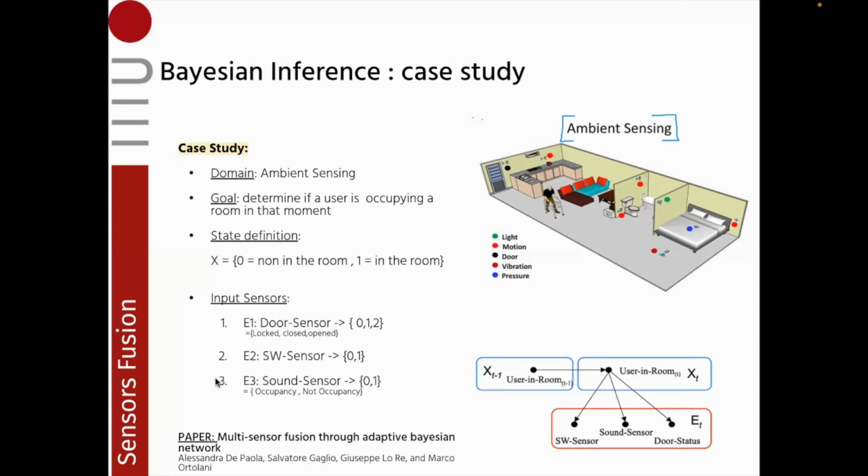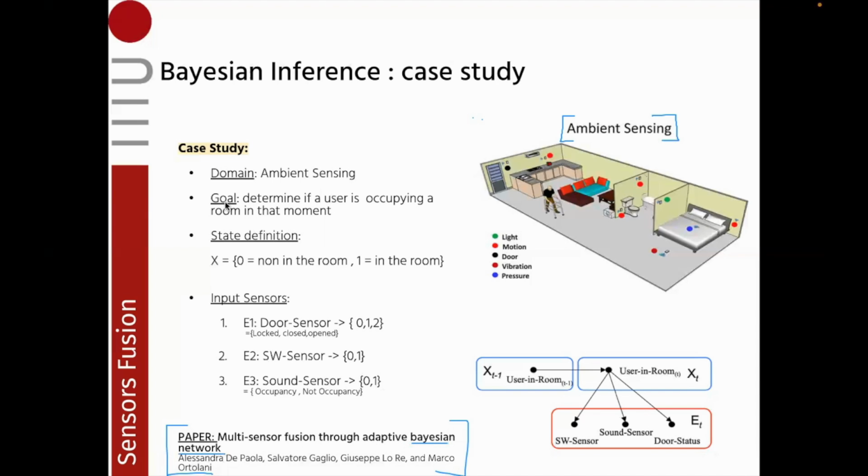So the specific example I want to discuss with you today in this course actually is given by this paper down there, which I strongly suggest to read for who is interested. The title is Multi-Sensor Fusion through Adaptive Bayesian Network.